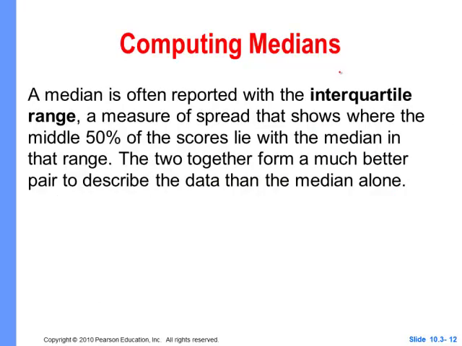The interquartile range basically will be essentially the difference between two medians. You cut your data in half, and you have a lower half and an upper half, and then you get a median for the lower half and a median for the upper half. And this IQR, this interquartile range, ends up being the middle 50% of the data.